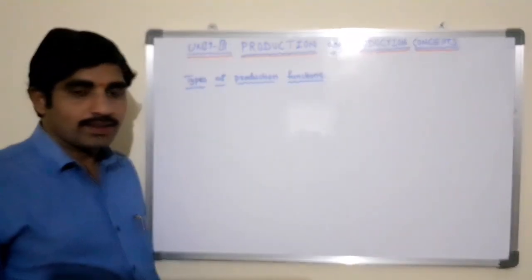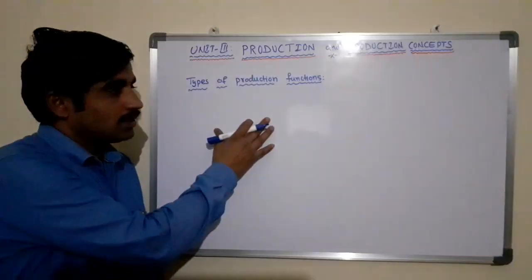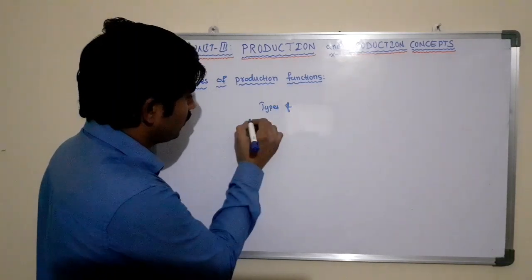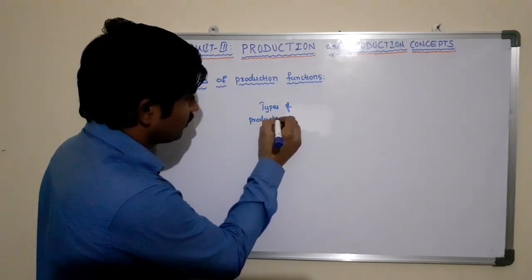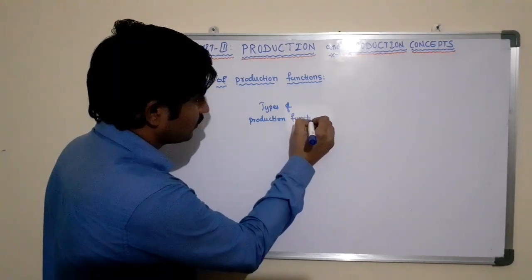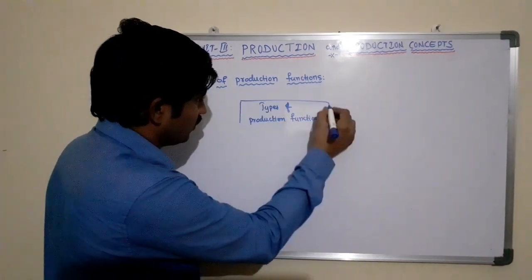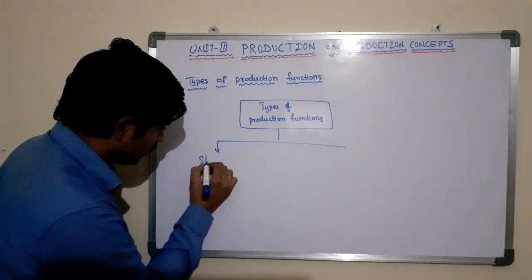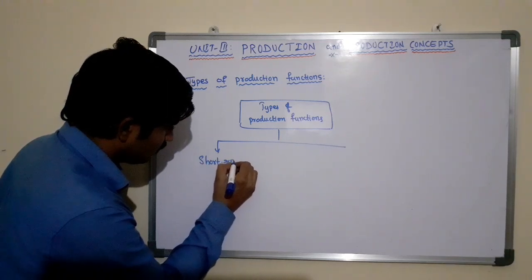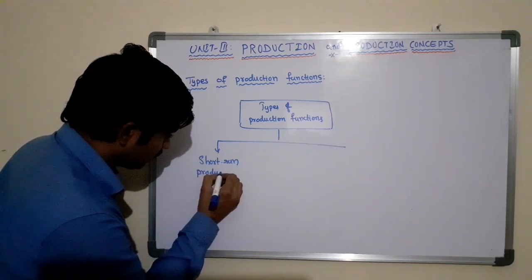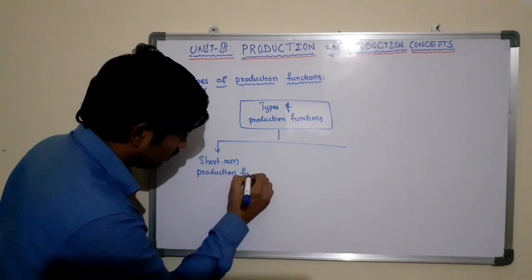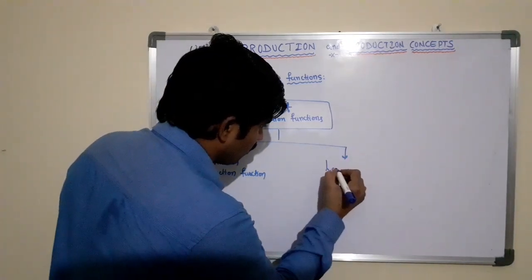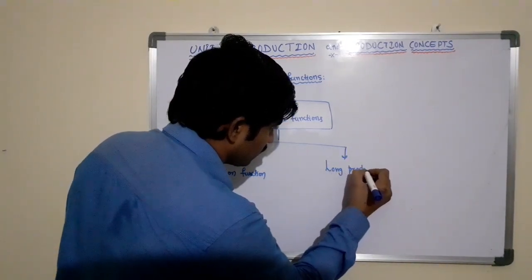Based on the time factor or the time period, the production functions are classified into two. So types of production functions are classified into two, that is short run production function and long run production function.